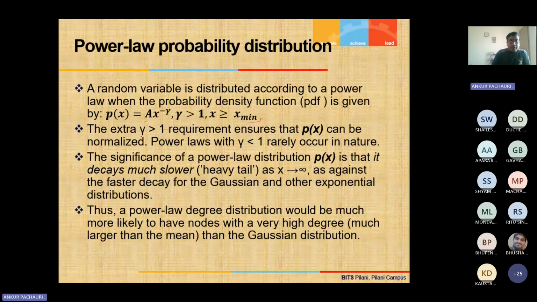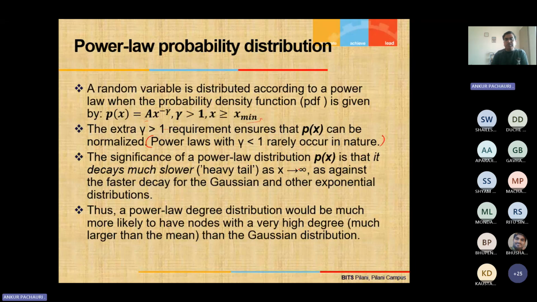The requirement gamma greater than 1 ensures that p(x), the probability distribution, can be normalized. A power law with gamma value less than 1 rarely occurs in nature. That means for most scenarios, gamma is greater than 1.